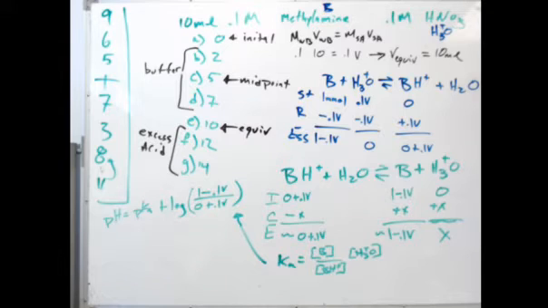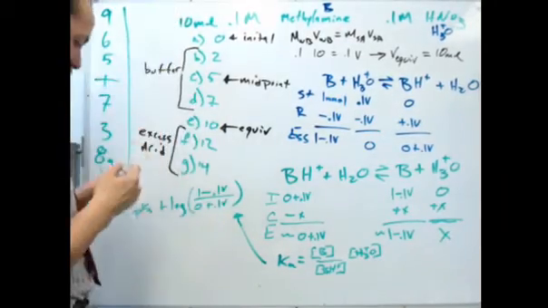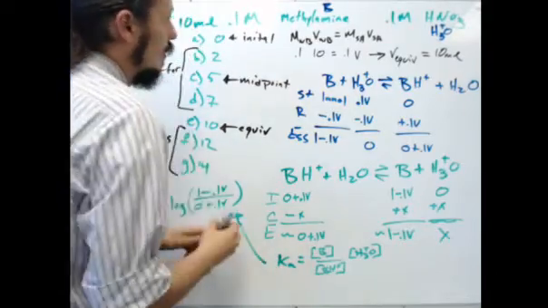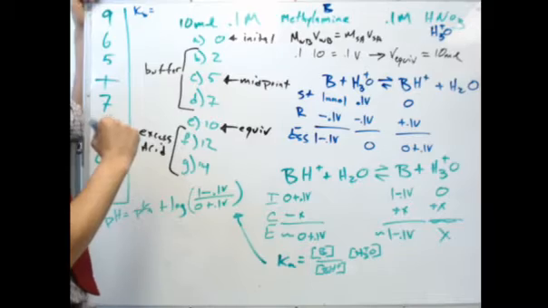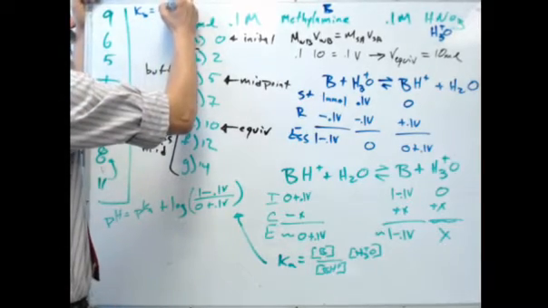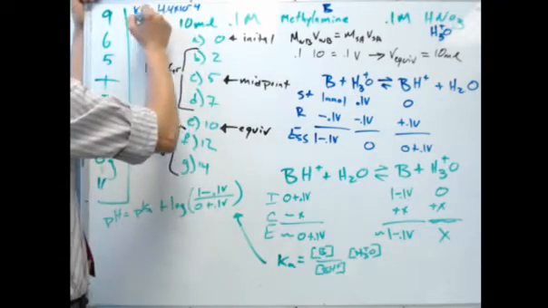Now for this problem, I assume you had to look up the Ka for methylamine? Yes. Or the Kb rather. What's the Kb equal to? 4.4 times 10 to the negative 4. We can use that to calculate the Ka.